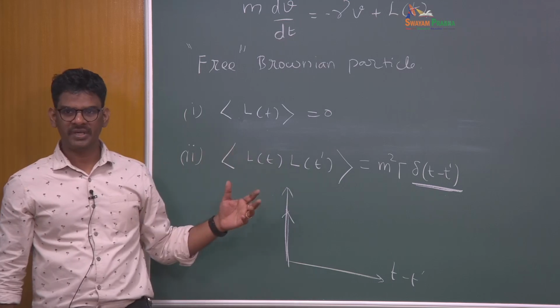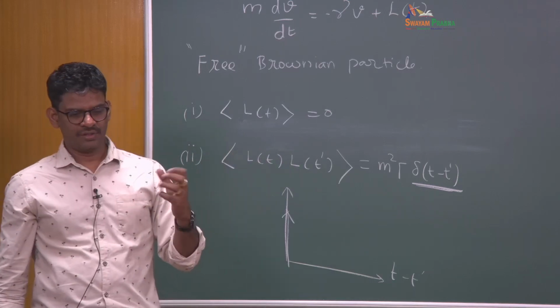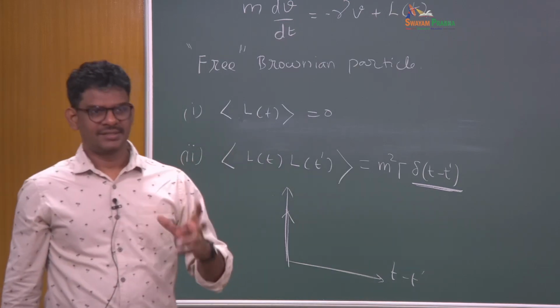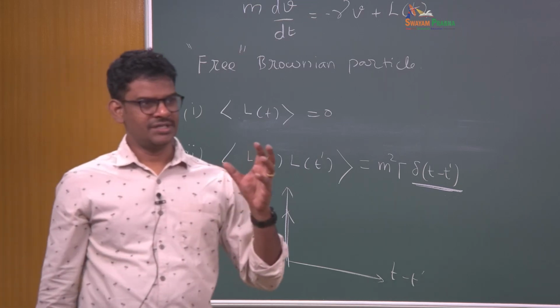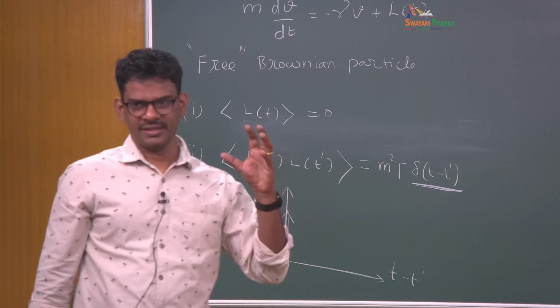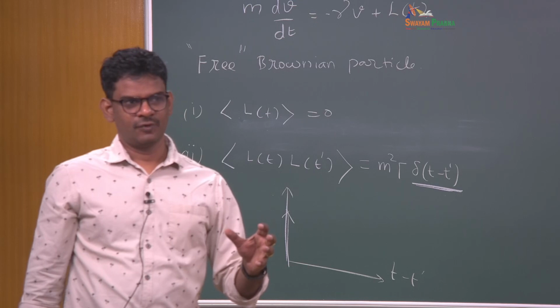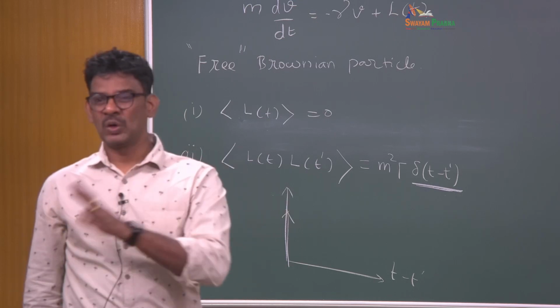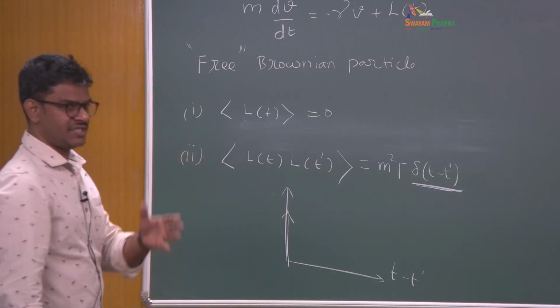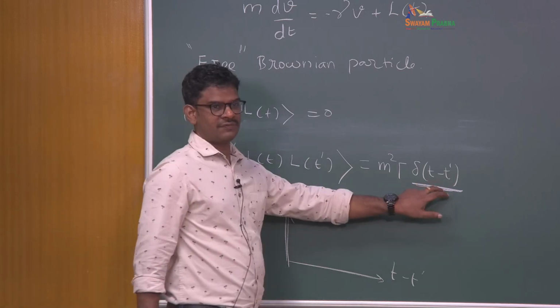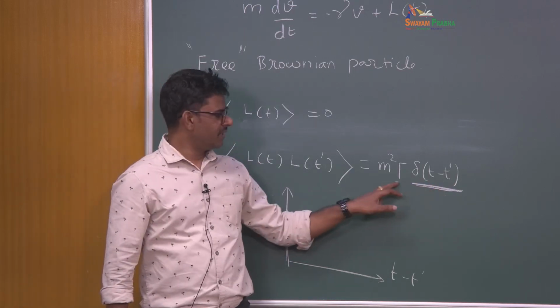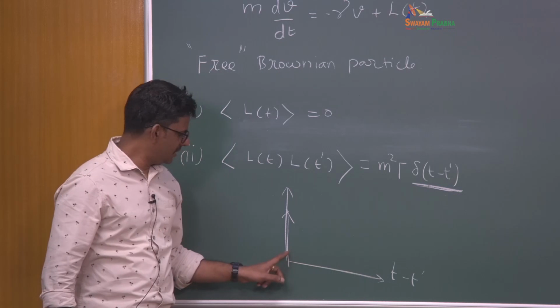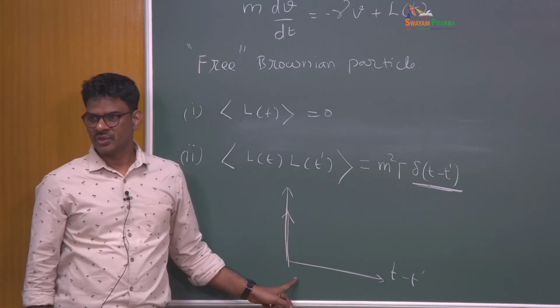Physically, what it means is that the random force acting on this particle is time uncorrelated. The force acting on the particle at time t and the force acting at another time are uncorrelated. The mathematical statement of this is what we have shown in terms of this delta function. This is non-zero only when we are talking about instantaneous collisions.